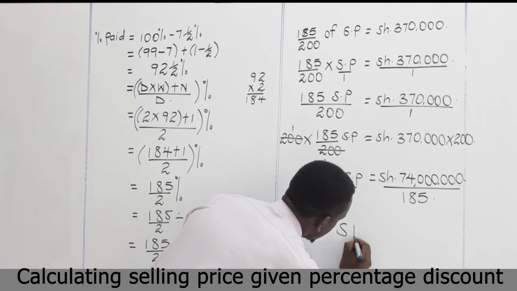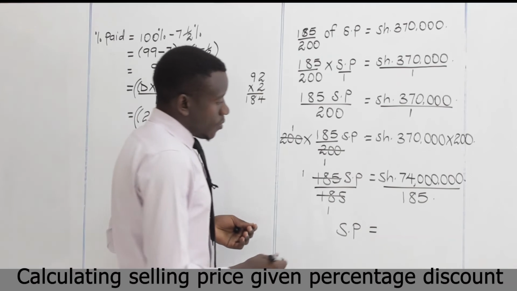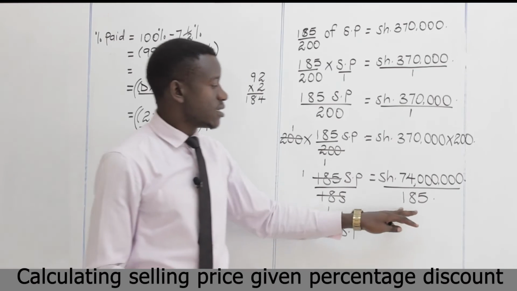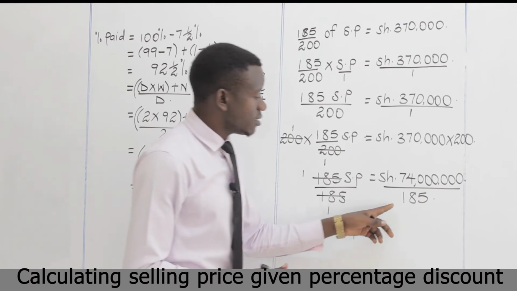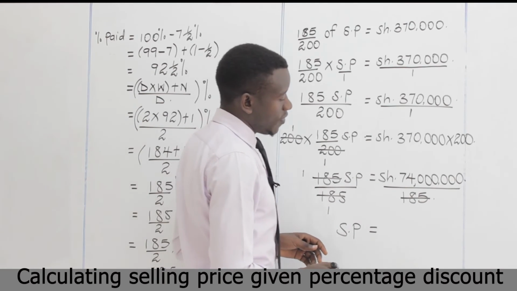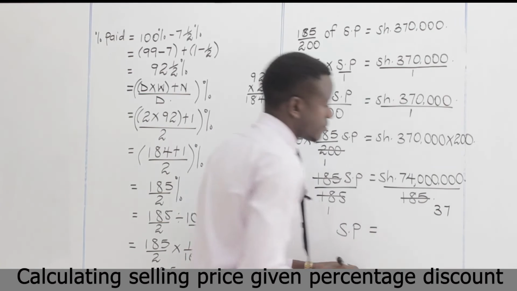Then we shall remain with selling price, which is equal to 74 million over 185. We look for the common factors. When you have such large numbers, we look for the common factors within these. So we shall have 185 divided by 5, which would be 37.